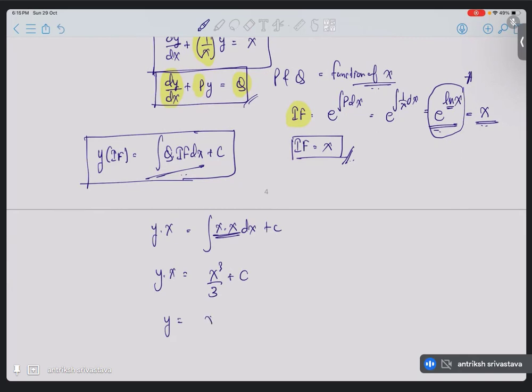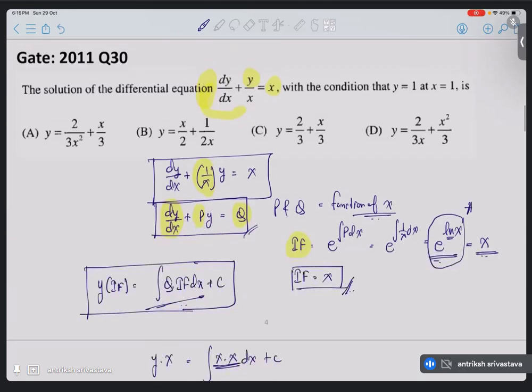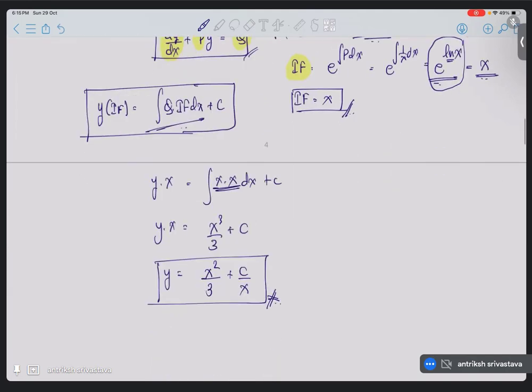So this is our expression. And what have we been given? We have been given another condition: at x equal to 1, the value of y is 1. When we substitute this here, we have 1 is equal to 1 by 3 plus c by 1.